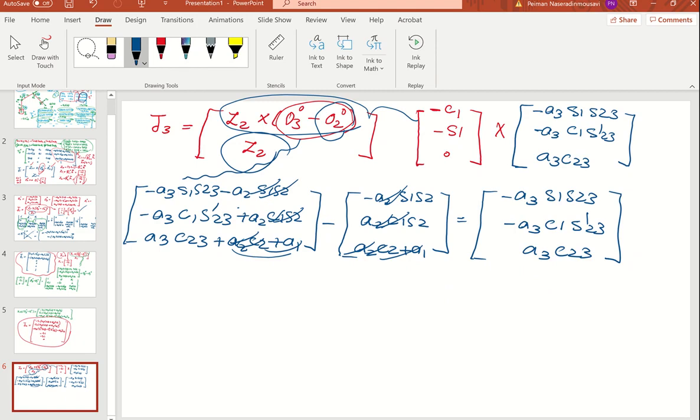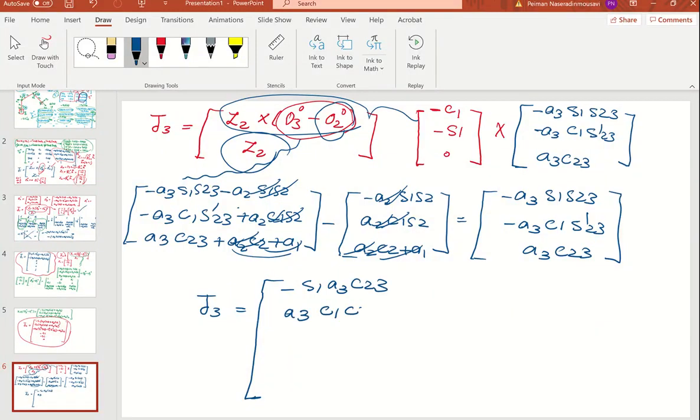So the result of your J3, the final result is going to be minus S1 A3 cosine 2 3, A3 cosine 1 cosine 2 3, A3 cosine 1 square sine prime 2 3 plus S1 square sine 2 3, minus cosine 1, minus sine 1 and 0.